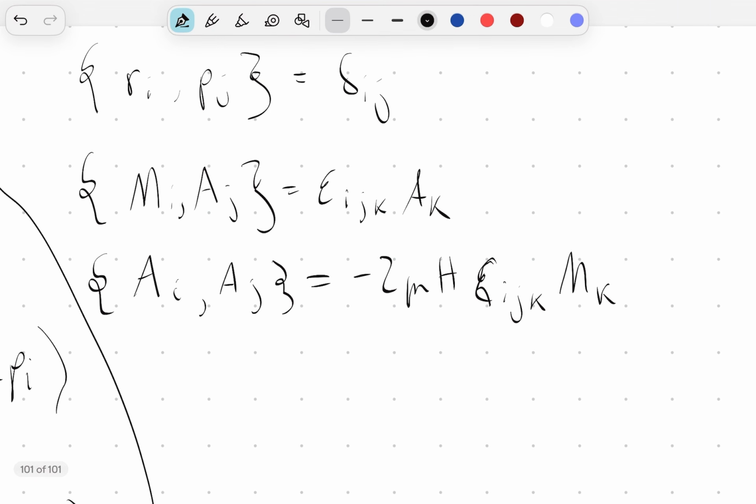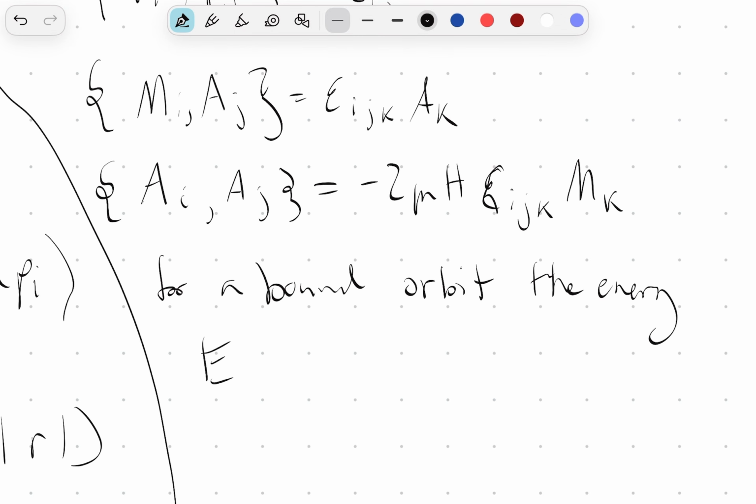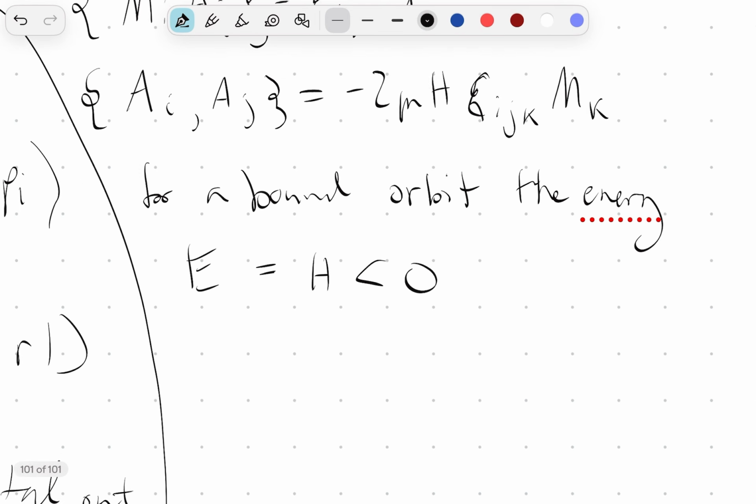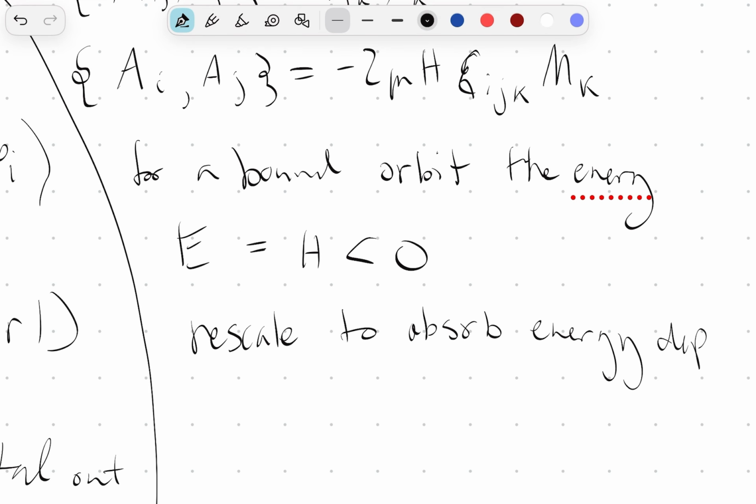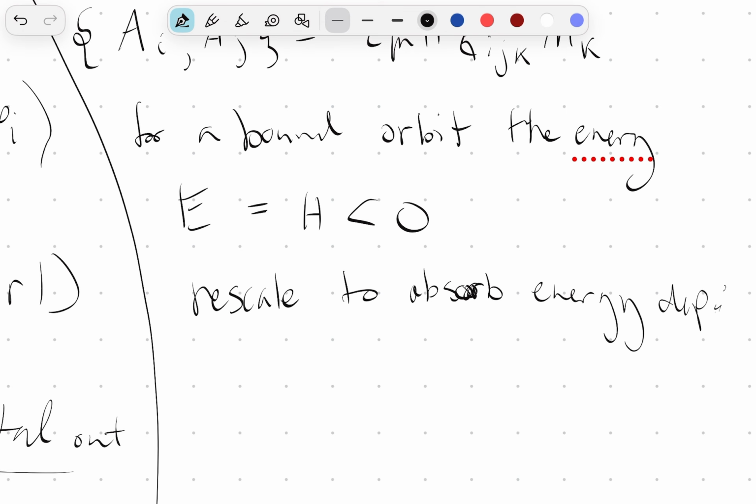And for a bound orbit, so for the energy H being less than 0, we can rescale the Runge-Lenz vector to absorb the energy dependence. So rescale to absorb energy dependence.